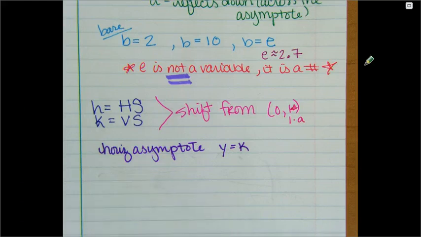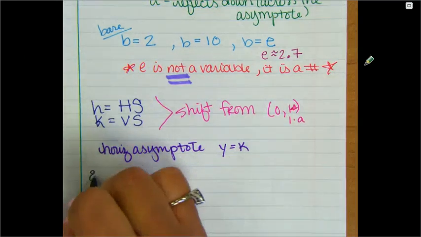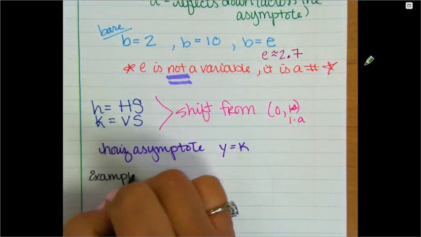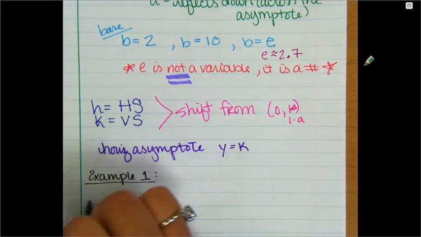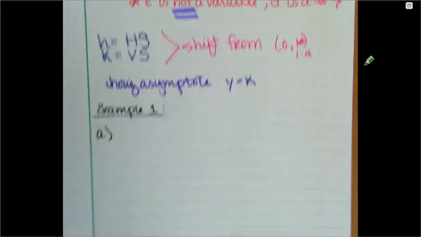I'm not going to talk about domain and range. We did that yesterday. You can still look at those notes from yesterday. Let's do an example here. We're going to graph 2. We're going to call it example 1 because we're going to graph the exponential.